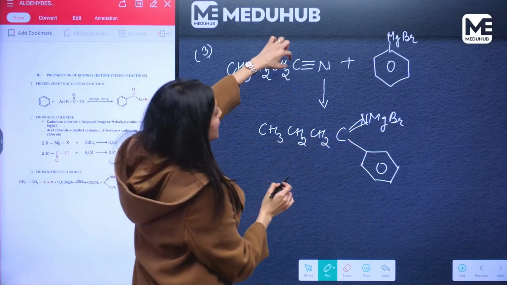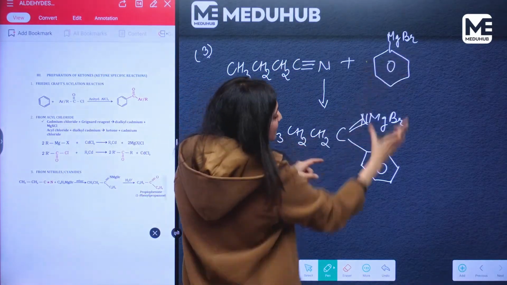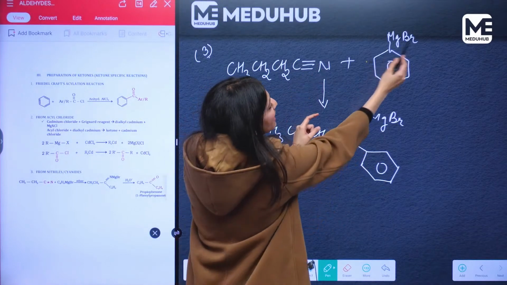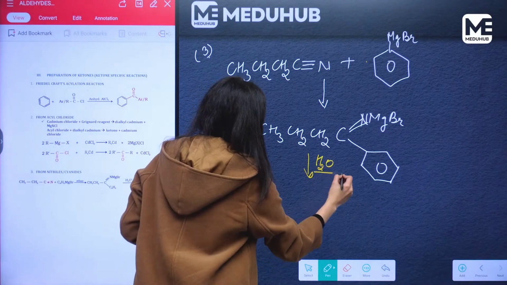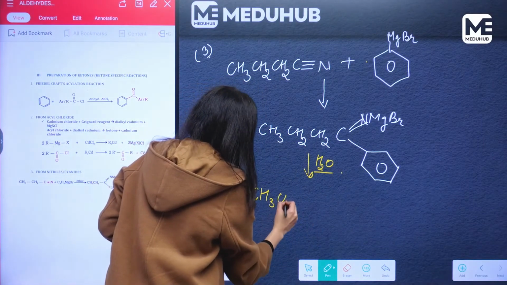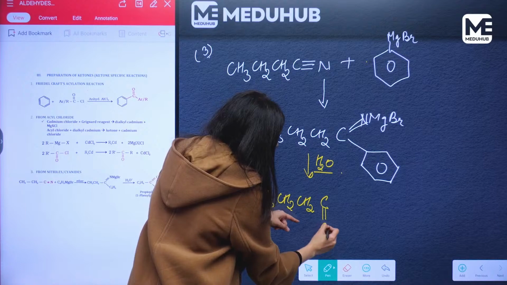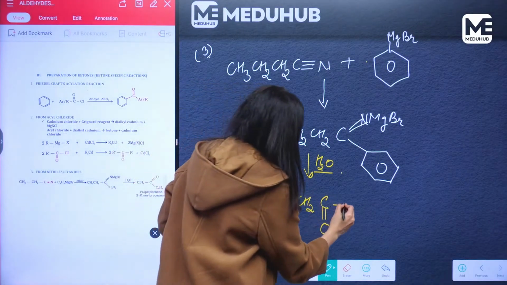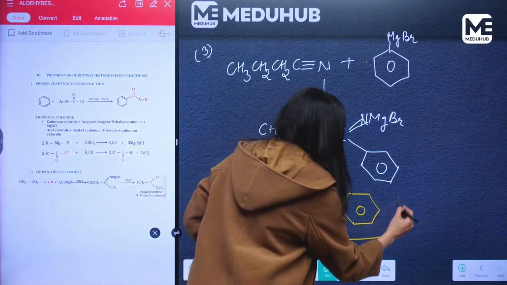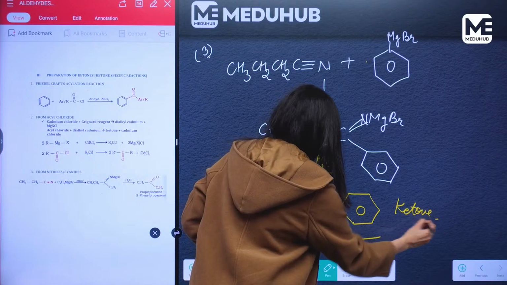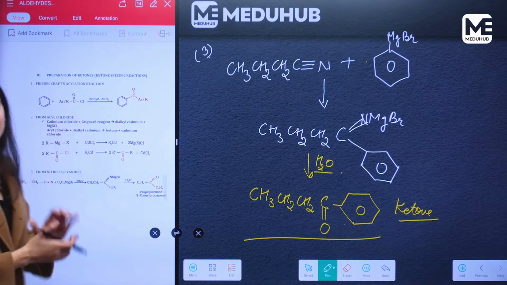Okay, so what is happening? To this carbon-nitrogen bond, to this carbon, the phenyl group is getting attached, and to this nitrogen, MgBr is getting attached here. This on hydrolysis gives us CH3, CH2, CH2, C. This carbon now gets the oxygen and becomes the carbonyl carbon, and the phenyl group here. So we get this ketone like this here. So these are the methods of preparation for only ketones.